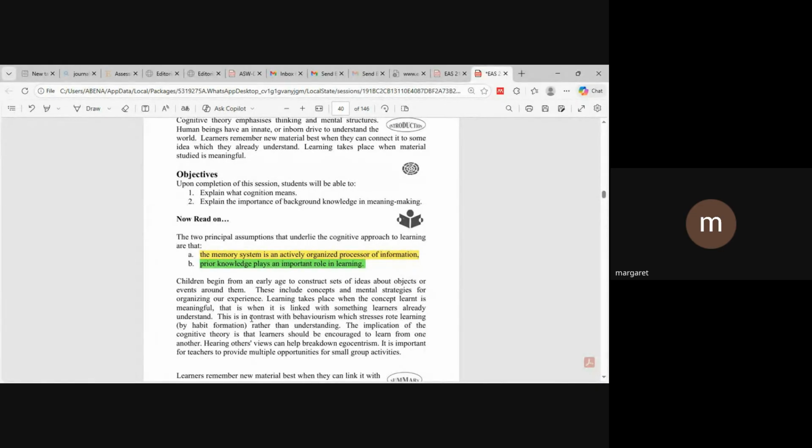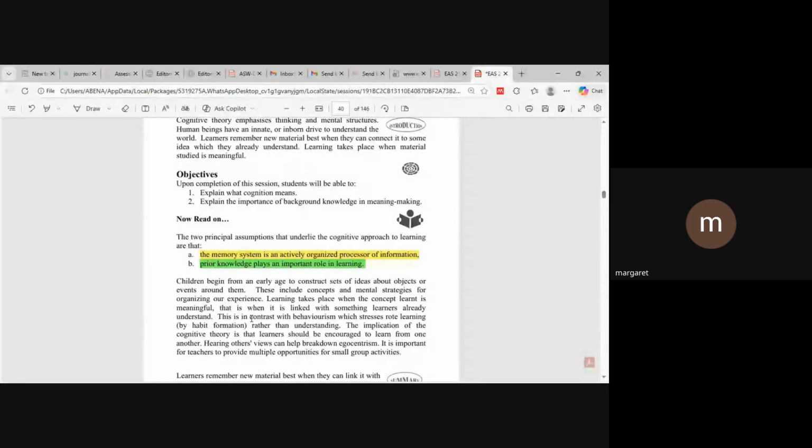Now, they also believe in meaningful learning. They are saying that if a child should learn, the learning should necessarily be meaningful. What is meaningful learning? Learning is meaningful when you can relate it to your previous knowledge. That is why, from this cognitive theory, we used to have RPK in our formal lesson plans, and now we have relevant learning experiences.